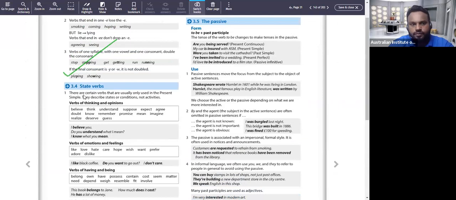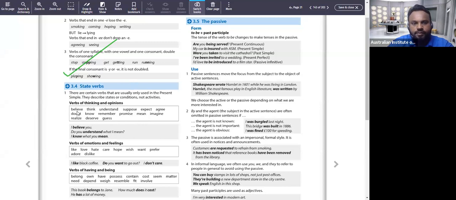The state verbs. There are certain verbs that are usually only used in the present simple. They describe states or conditions, not activities. Verbs of thinking and opinions. These are state verbs. They don't change form, they usually don't take the ing, and they are used in the present simple rather than any other tense.